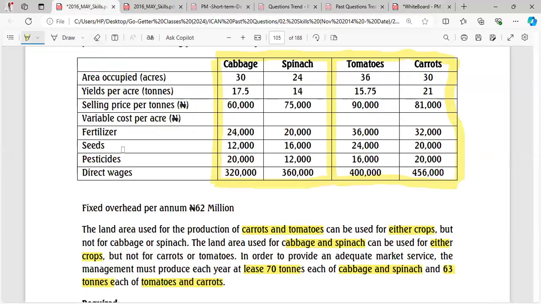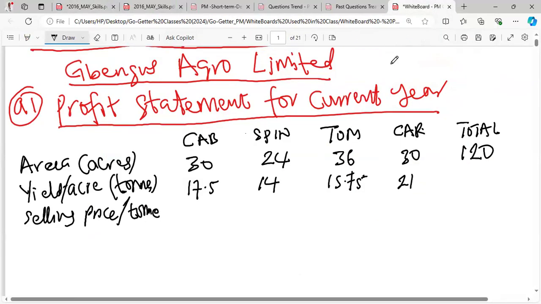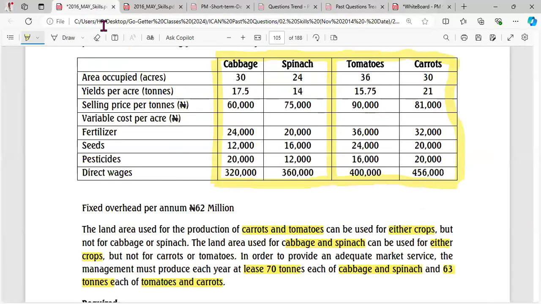We have 60,000, 75,000, 90,000, and 81,000. So 60, 75, 90, 81. Let's confirm again. That's fine.